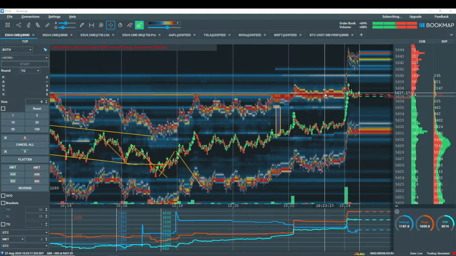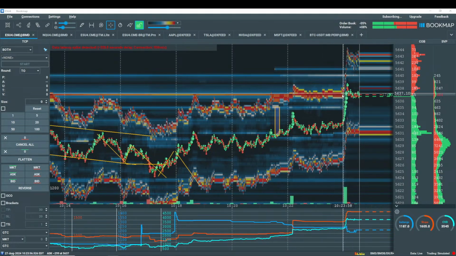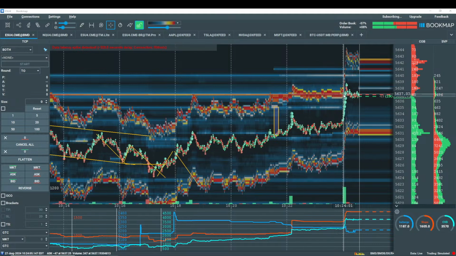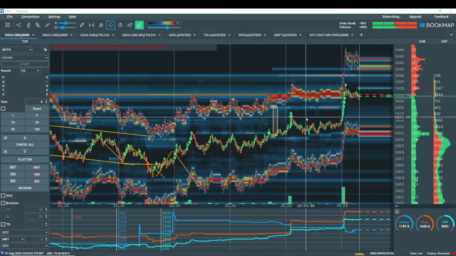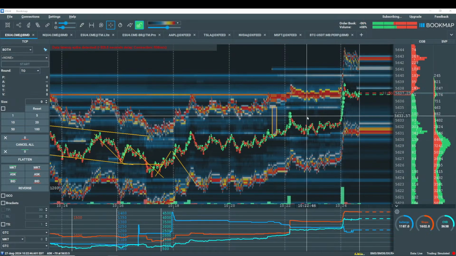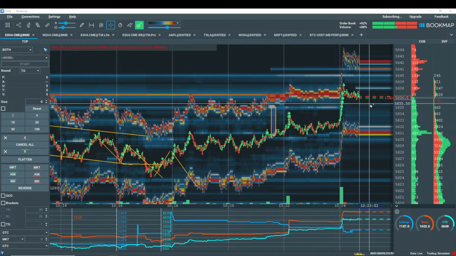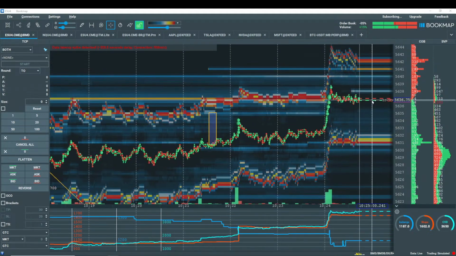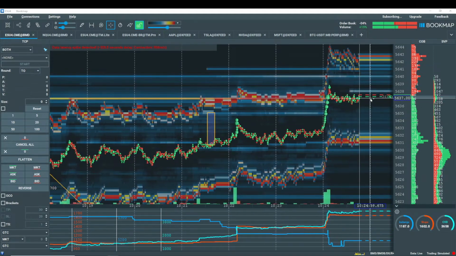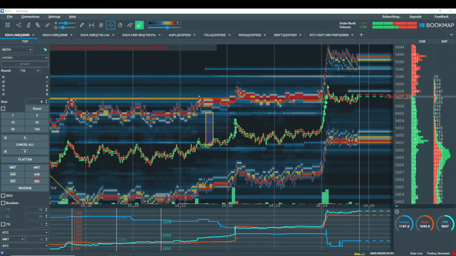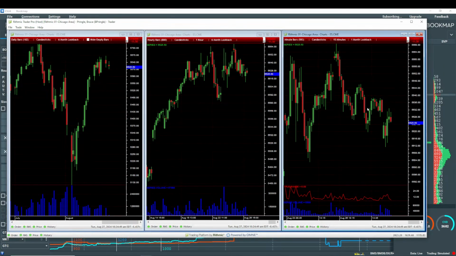Okay, so it actually hit our 37 target. Now I would be out at 37, and I would just look for the next setup. This might turn into a flag pattern, and then I'd get involved in that. But that hit my objective.